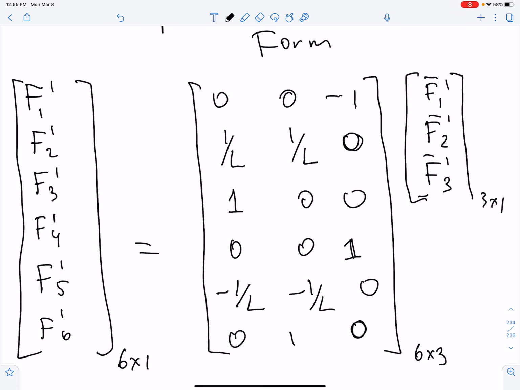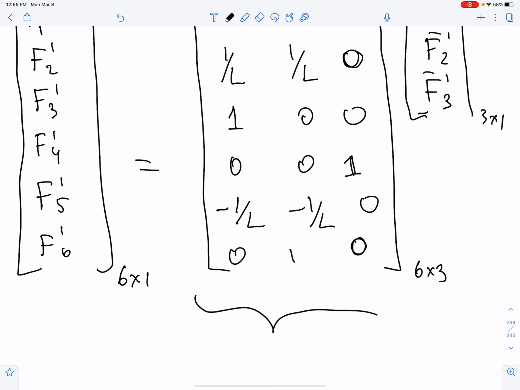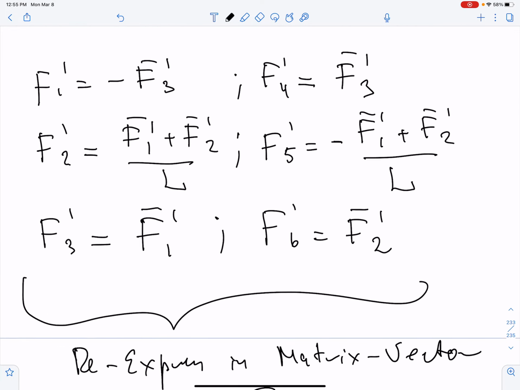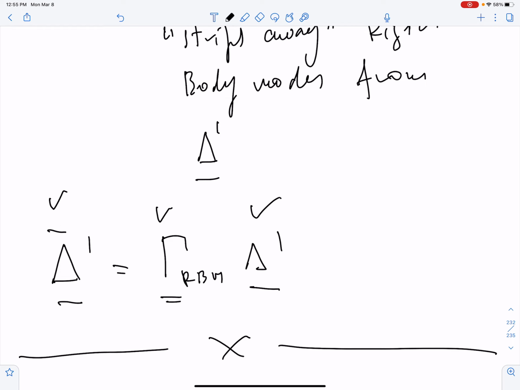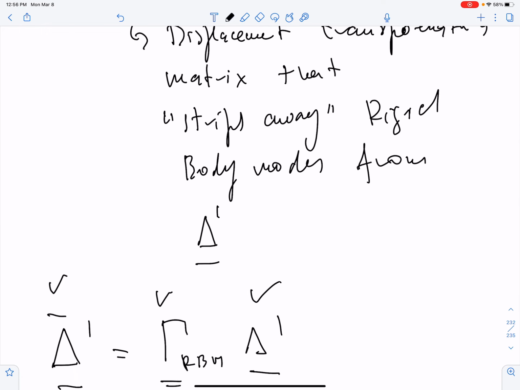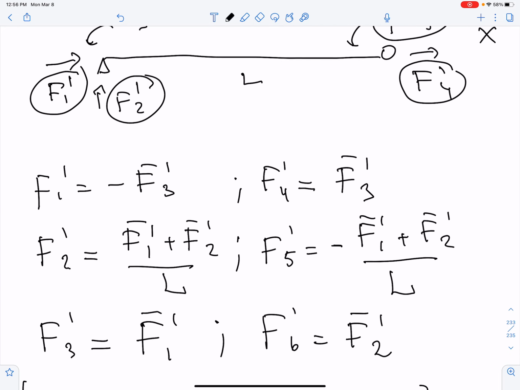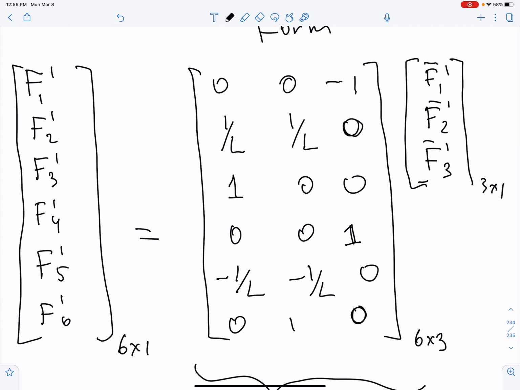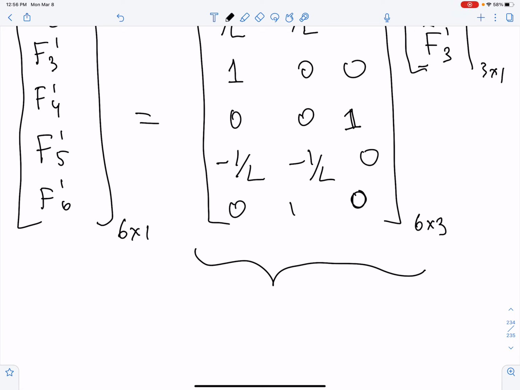Now take this expression here and compare it with the expression that we derived for gamma RBM. What you find is it's exactly transpose. Which is quite remarkable, but again, not unexpected. Remember our discussion about the equivalence of work in the two coordinate systems. If you apply an argument like that, you're going to get the same thing.